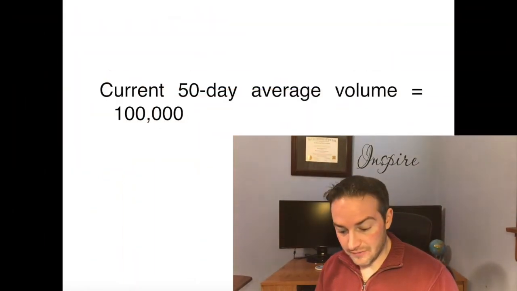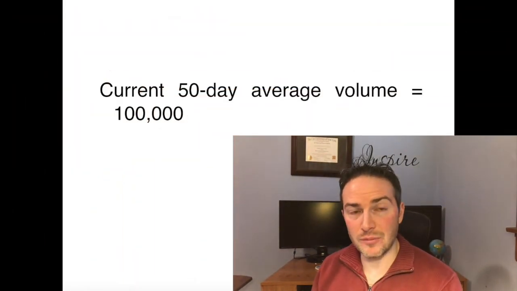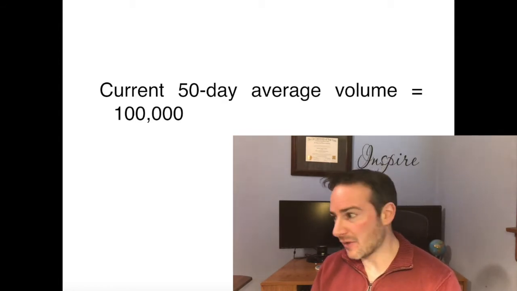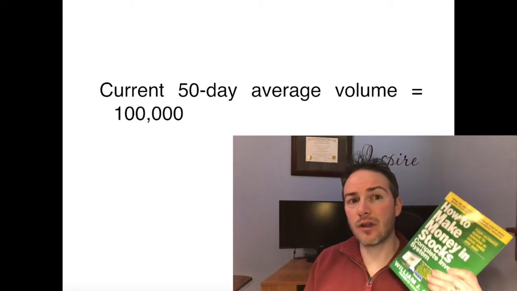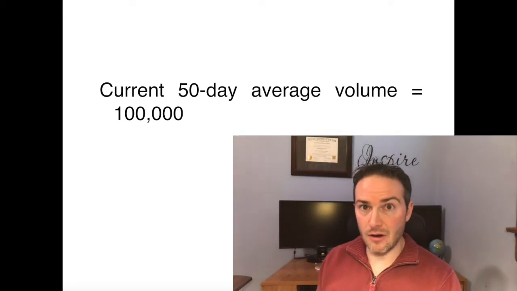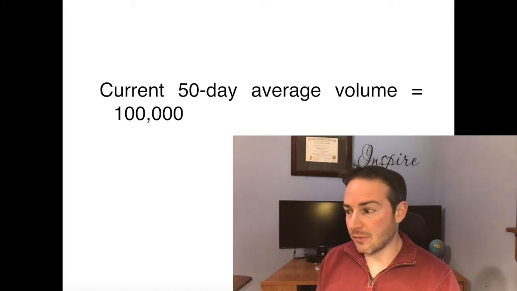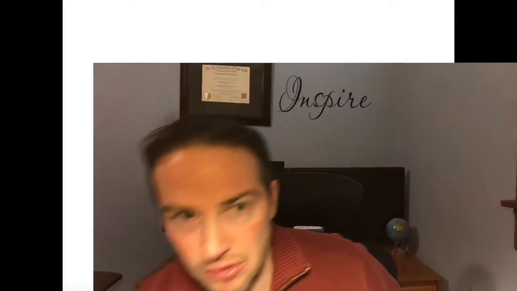We want the current 50-day average volume to be over 100,000. According to this, he's looking more for stocks that are over 400,000, but the reason why I put 100,000 instead of 400,000 is because there are some stocks that are very expensive.